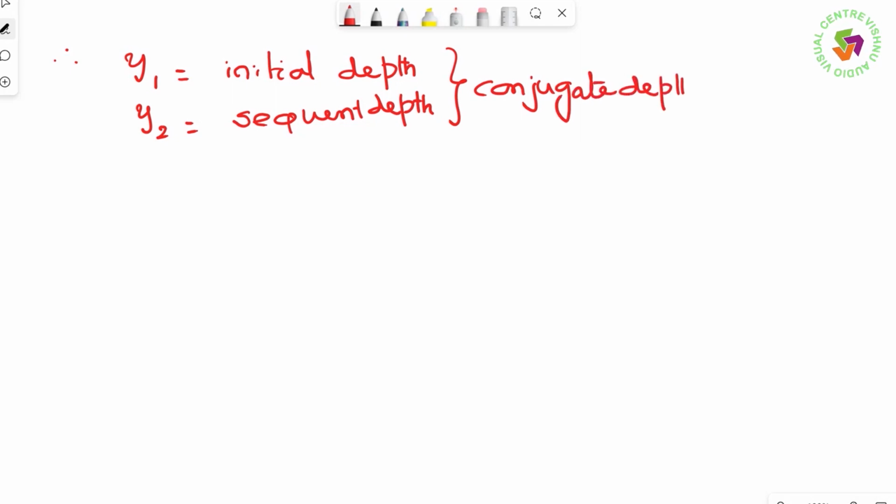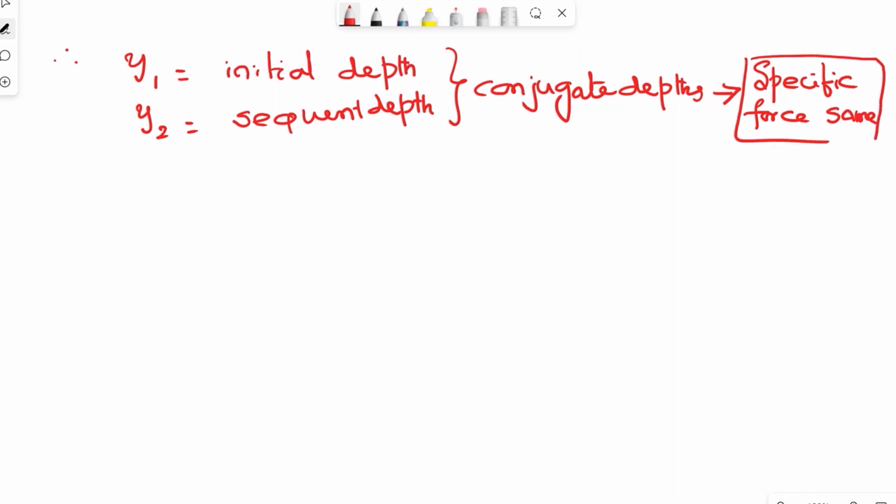Conjugate depths are formed only in case of hydraulic jump. Conjugate depths means specific force same. Now we are working on this specific force, what it is. That is what is our next aim.